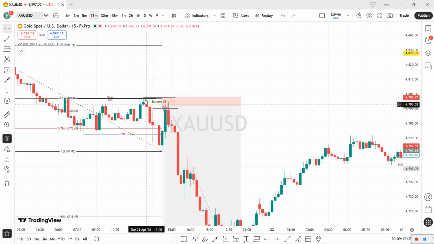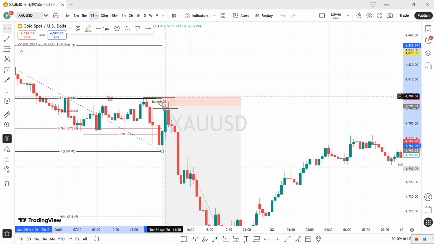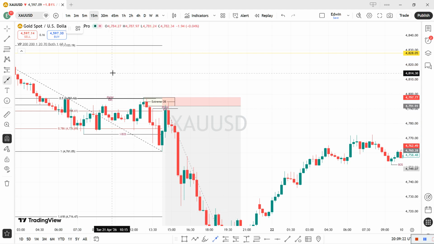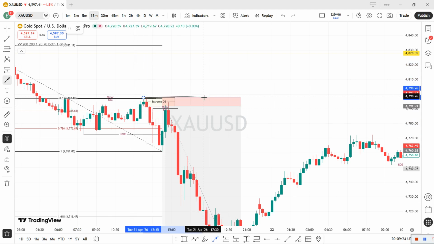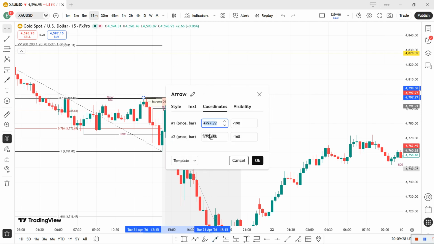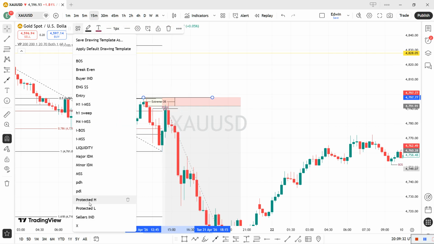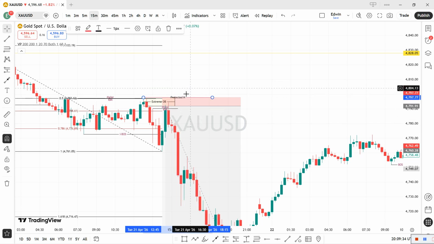On 15 minutes, you can see this was the place that liquidated. So now we have this as a potential strong high. That's what this liquidation means: this is a protected high. That is why we can put our stop loss above here, the protected high.